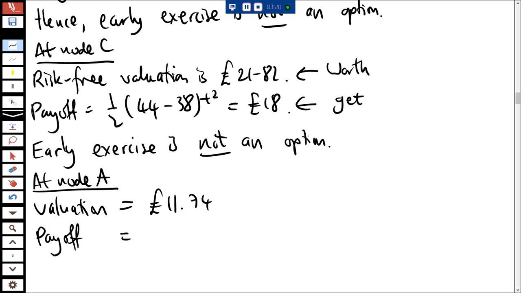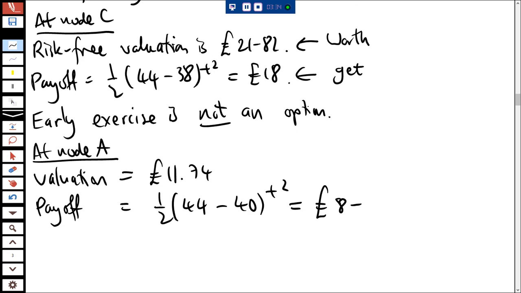How much can we get for it? Well, according to the payoff, we should expect to be written in the contract somewhere. The payoff for this situation would be £8. So again, early exercise is not an option.